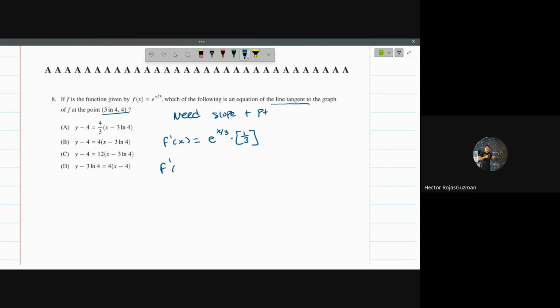Now go ahead and plug in your x coordinate, 3 natural log of 4. Well, this equals e to the power of 3 natural log of 4 divided by 3, times 1/3. Up on top in the exponents, the 3's cancel. E and the natural log cancel. And there's your slope, 4/3.